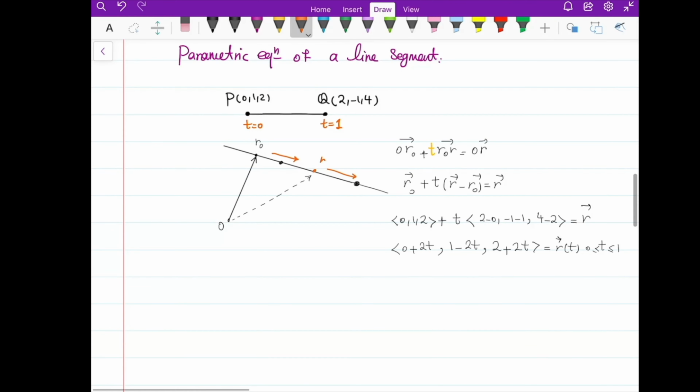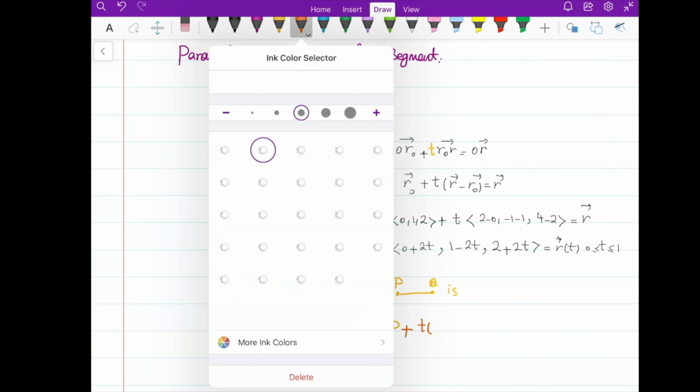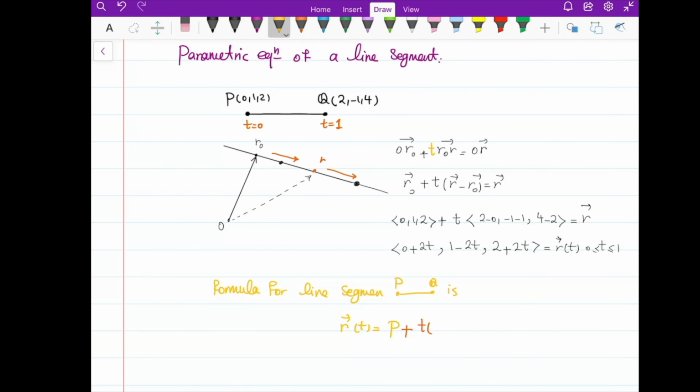Now let me summarize what I did. The formula for a line segment from P to Q is: R of t equals p, the first point, plus t times q minus p, where t is between 0 and 1.